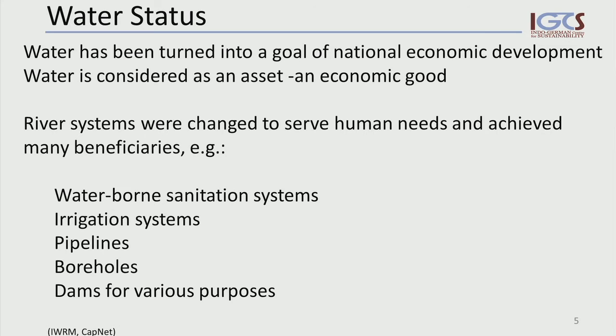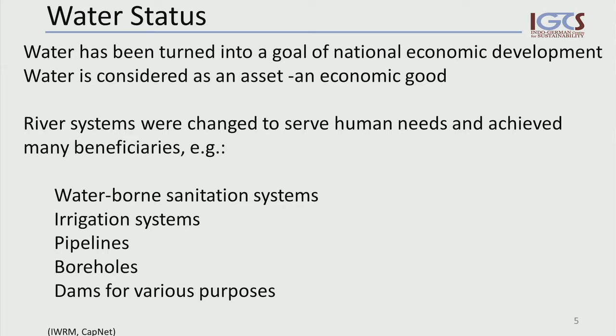What we also have to keep in mind is that river systems were changed for as long as humans are on Earth, and they were changed to serve our human needs. And we also have to agree that we have achieved many benefits by adjusting our river systems to our needs.